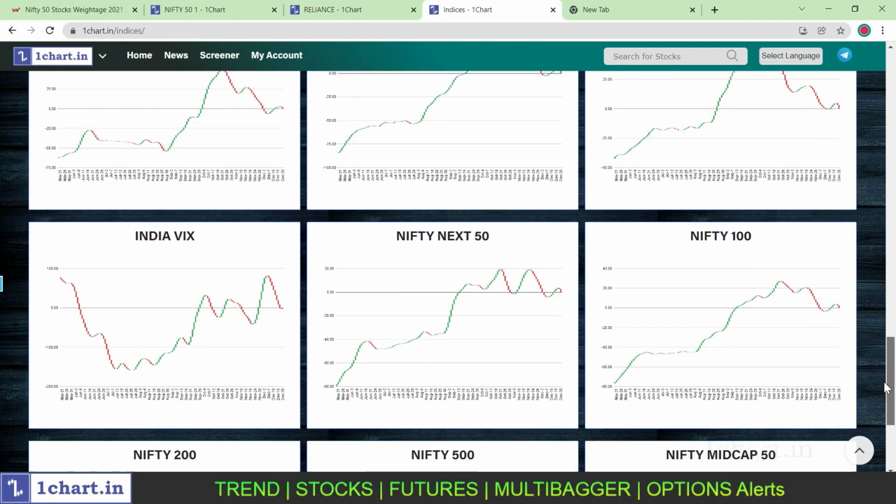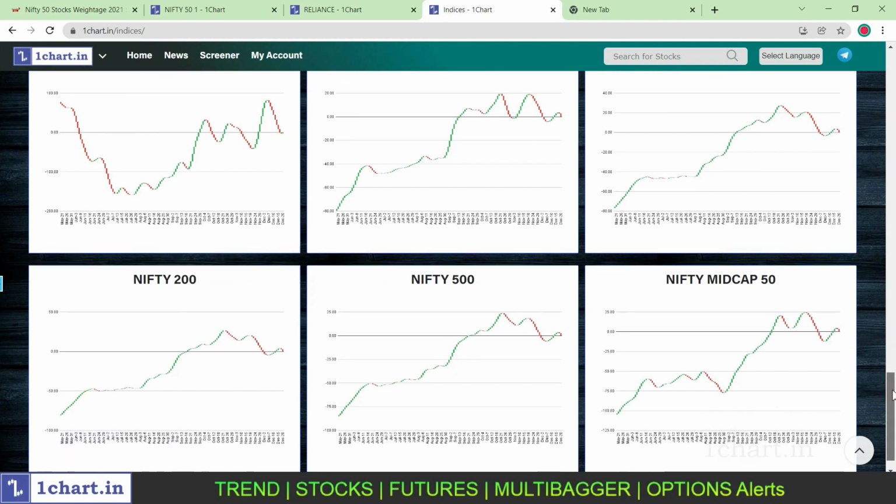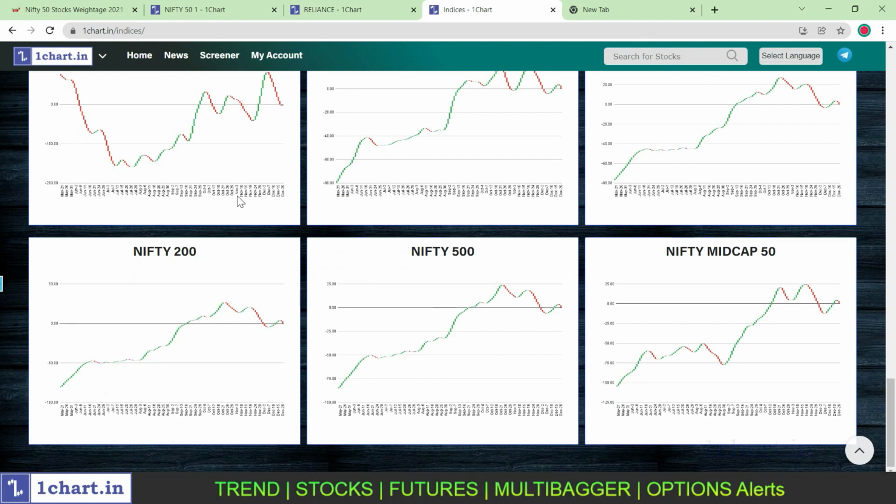Here look at this. Nifty 500 also, last 2 to 3 weeks, going down only. So after small consolidation, after pullback, here look at this. After pullback falling and then after pullback, what happened?